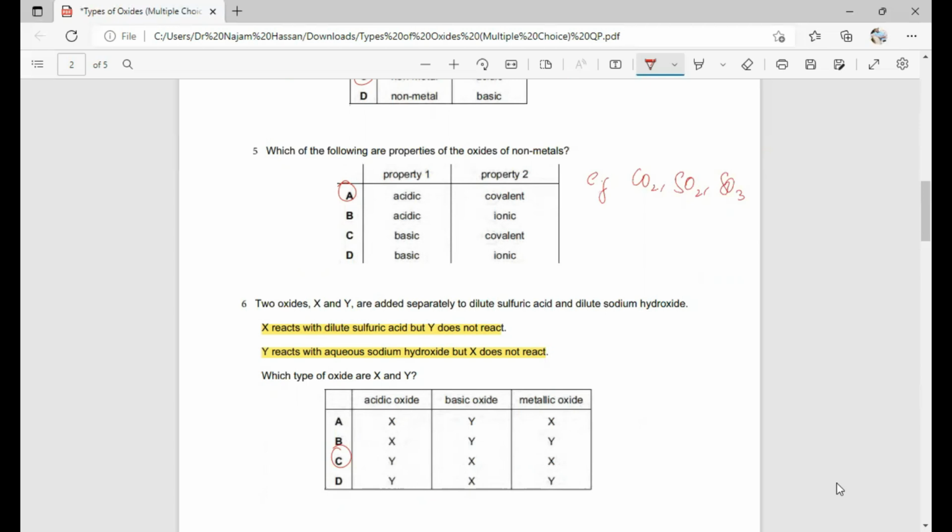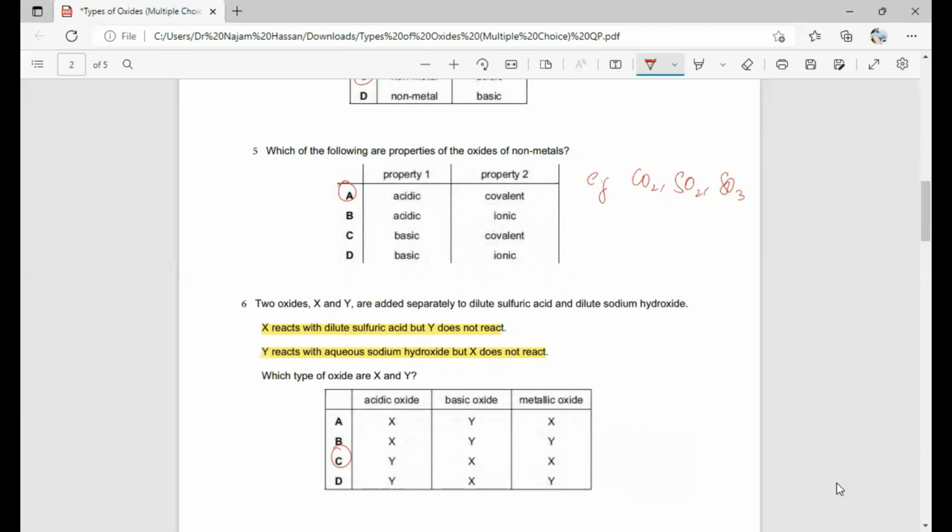So in question number 6, 2 oxides X and Y are added separately to dilute sulfuric acid and dilute sodium hydroxide. So this is a kind of neutralization reaction: acid plus base to form salt and water. So X reacts with dilute sulfuric acid, but Y does not. That means the compound X is basic because a base reacts with an acid.